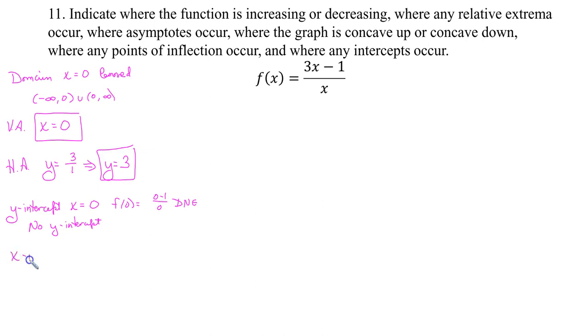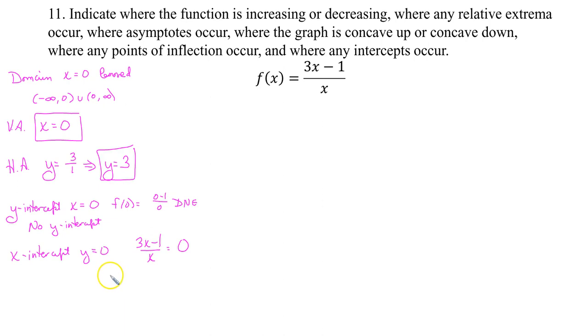So let's talk about the x-intercept for this function. The x-intercept is what happens when the function is equal to 0. So we didn't have this one before. So in this case, we want to say, all right, let's take 3x minus 1 over x and set this equal to 0. Now, in order for a rational function to be 0, it's not the denominator that's equal to 0, because that's where we have issues and that's where we have domain issues.